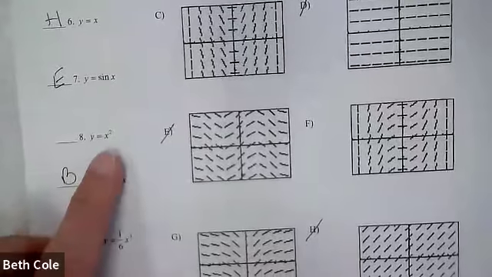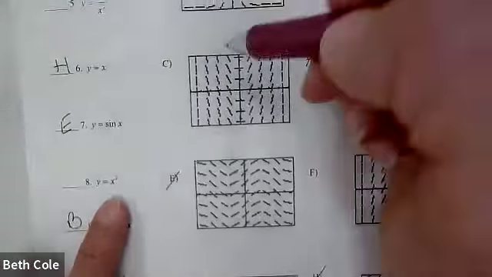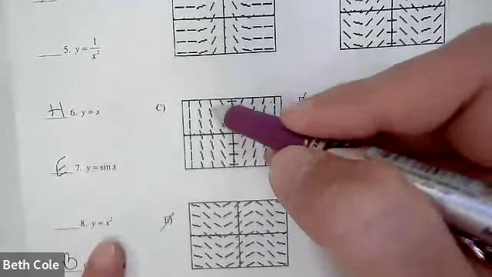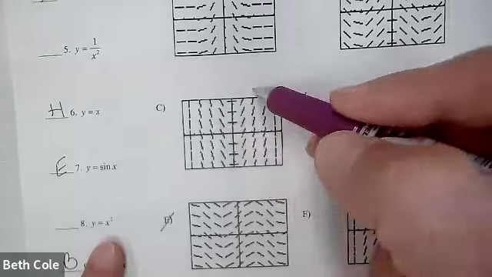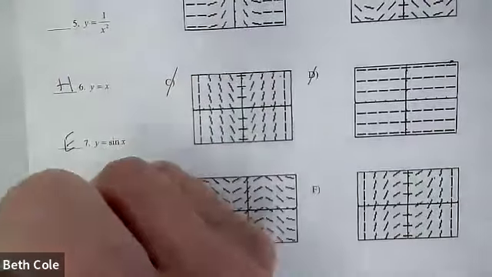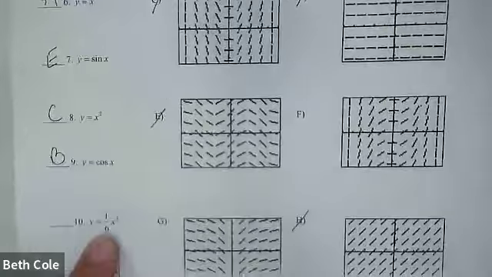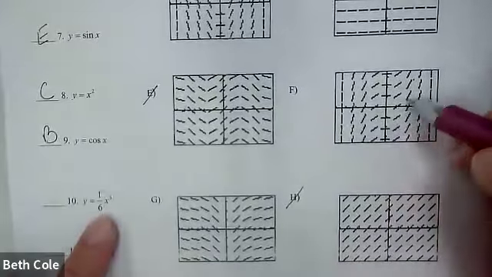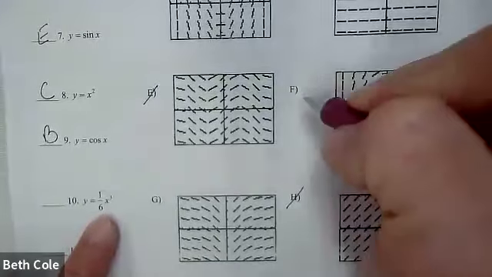Let me find x squared. That should look like a parabola. So let me see. Nope, C right here. So if I were to draw in a parabola, that's going to be that one. This is a cubic, so that's going to be F, this one right here.